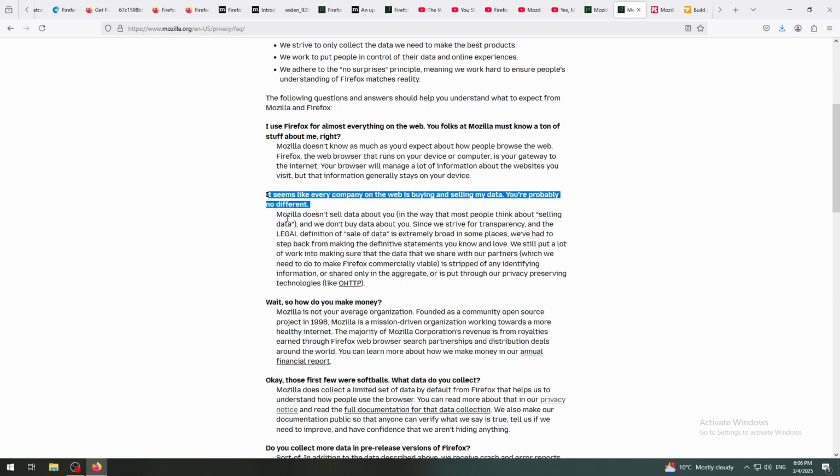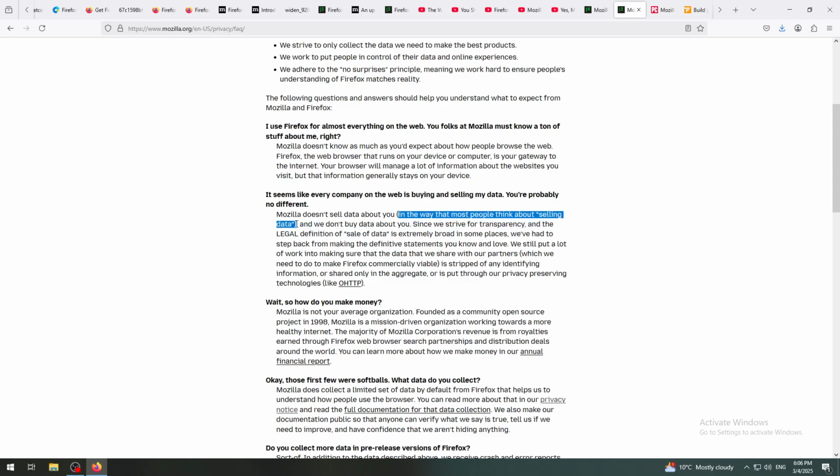No, they now say, Mozilla doesn't sell data about you, but we have something more in those brackets, in the way that most people think about selling.